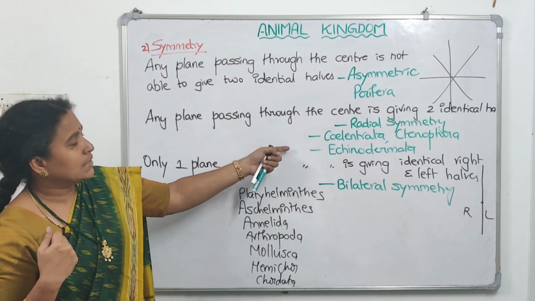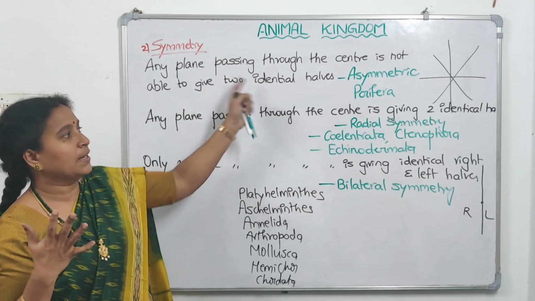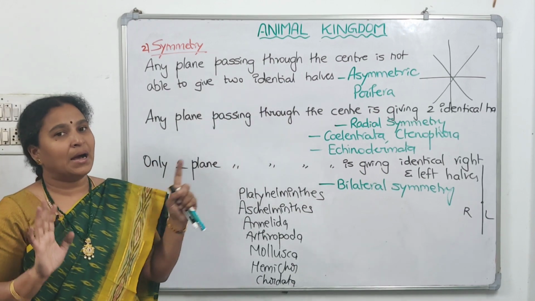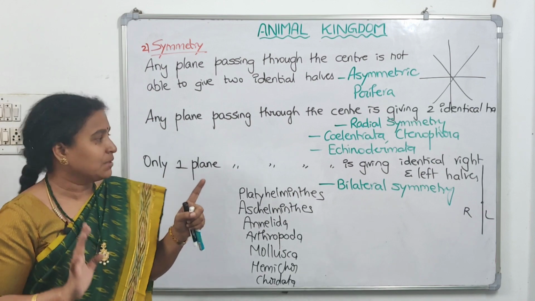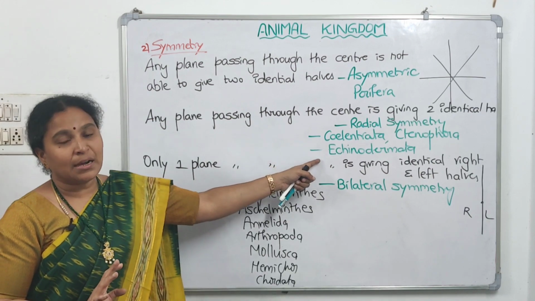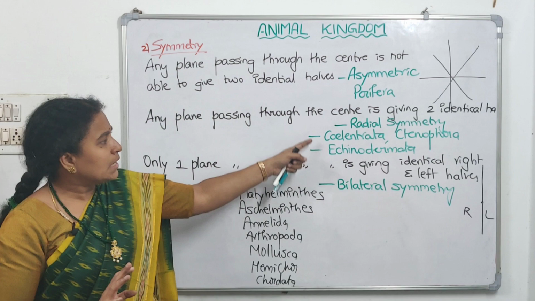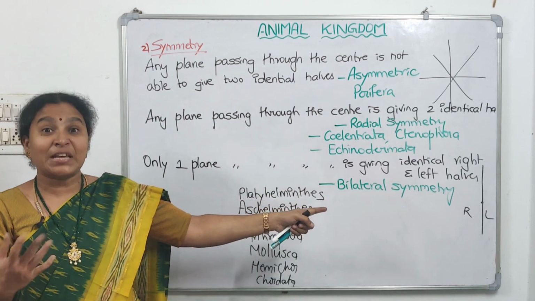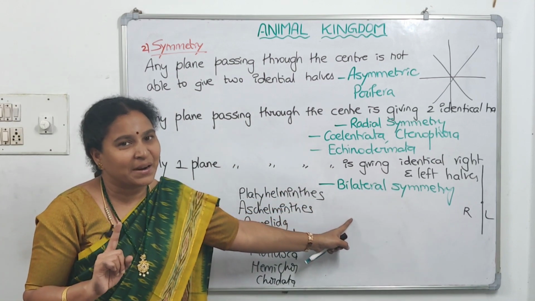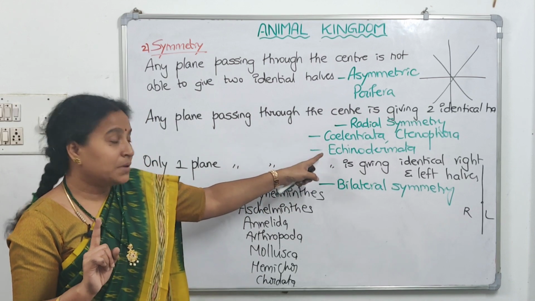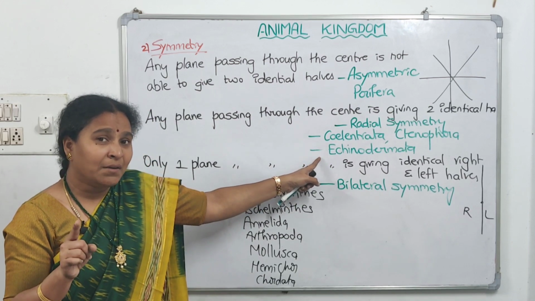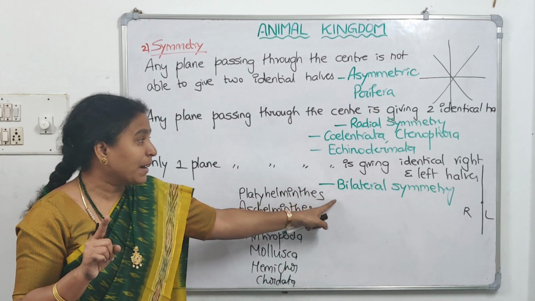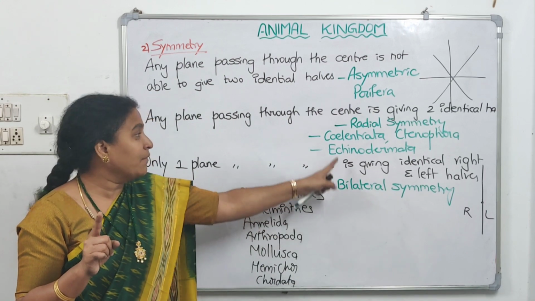Radially symmetrical is this group. Asymmetric is Porifera. Majority of them are asymmetric. I'm not saying exclusively asymmetric, right? I'm talking about Echinodermata. Now when we see radial symmetry and bilateral symmetry, which is advanced? Bilateral symmetry is advanced, radial is primitive. Now in Echinodermata, the larva will have advanced symmetry, that is bilateral, whereas adults will have radial symmetry.